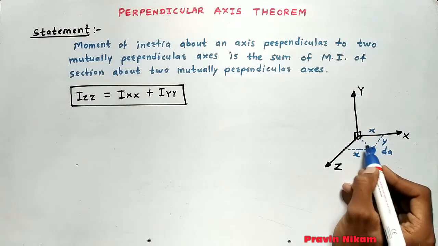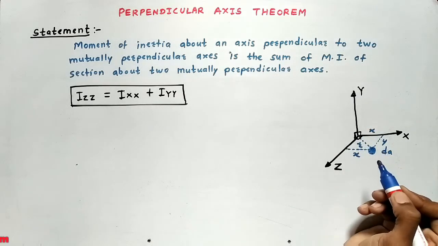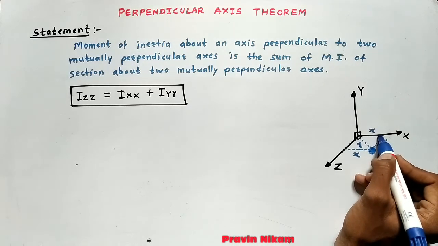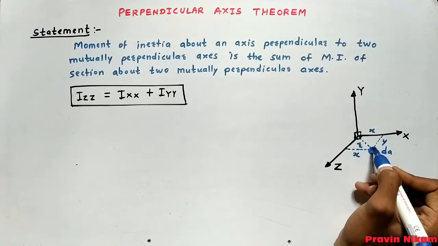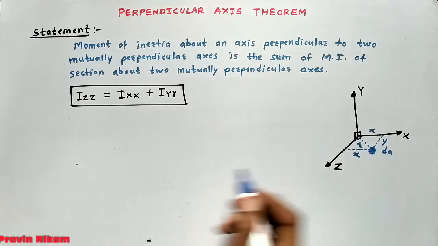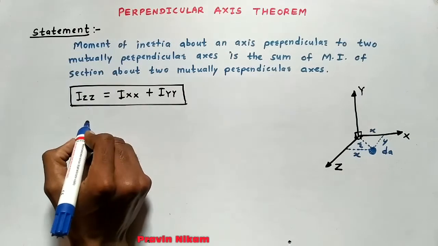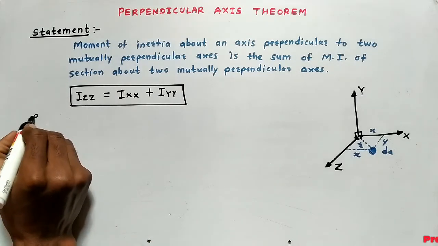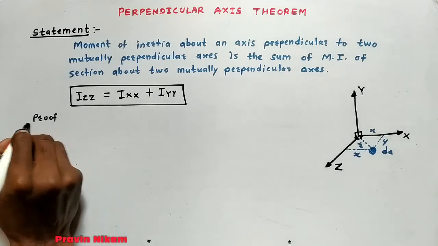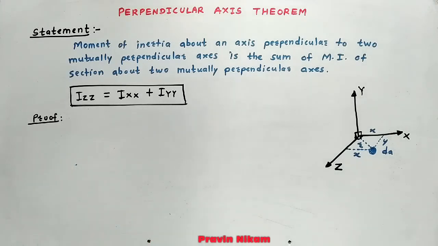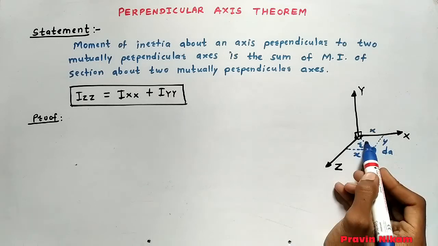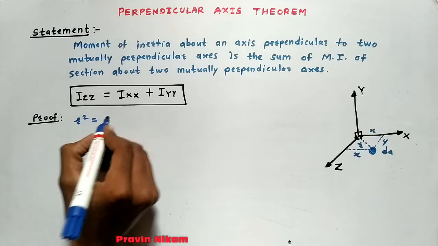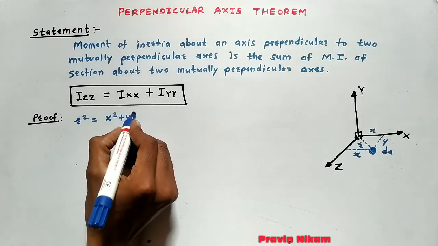Now the diagonal, let us consider r. This is a triangle and r is the diagonal of the triangle. So according to Pythagoras theorem, r square is equal to x square plus y square.